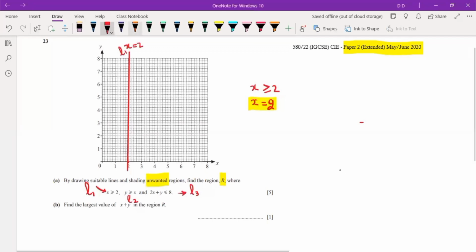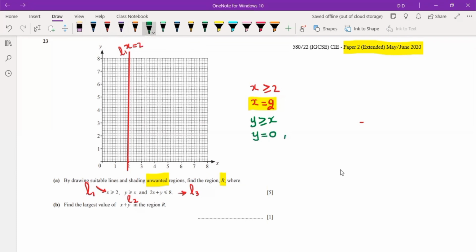Now we will go with line 2, that is y is greater than or equal to x. Let's find its coordinates. If we plug in x as 0, y will be 0.